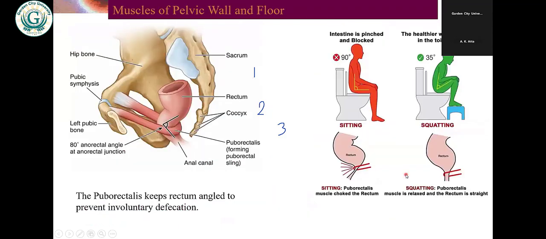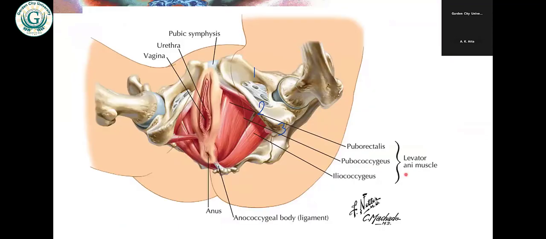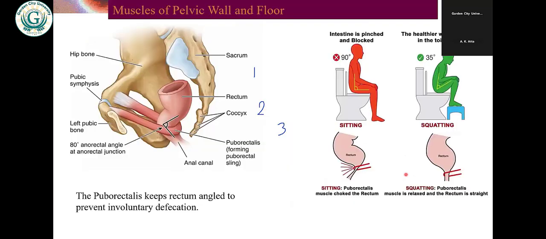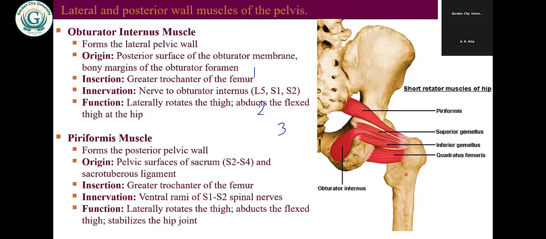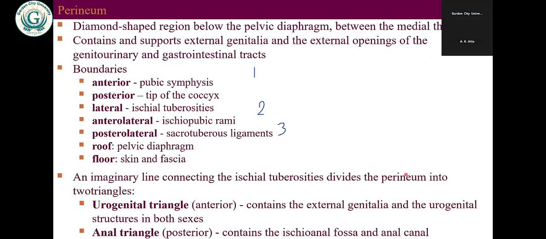So they are actually muscles of the hip. They are actually muscles of the lower extremity. They do not constitute the pelvic diaphragm. So that point is also very important.